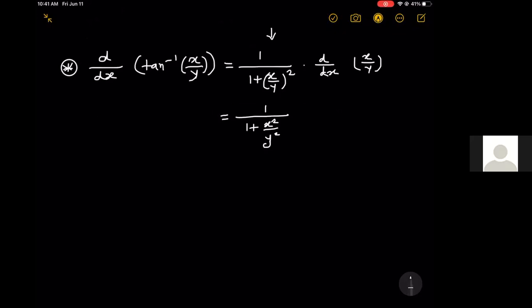Now, at this point, we have to simplify this fraction because you can't have a fraction over a fraction, right? So you basically have to flip the fraction in a way, right? So you have to flip x squared over y squared so that y squared rests above the main fraction in the numerator, right? No, I'm talking about the derivative of x over y.